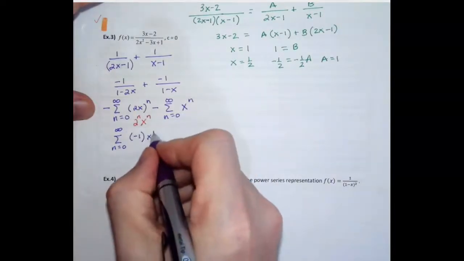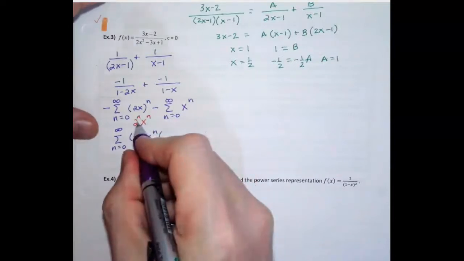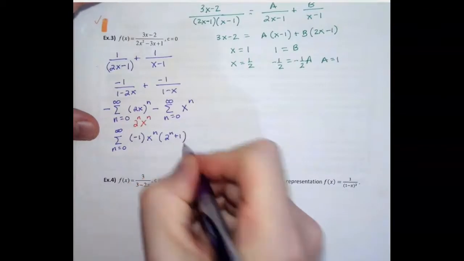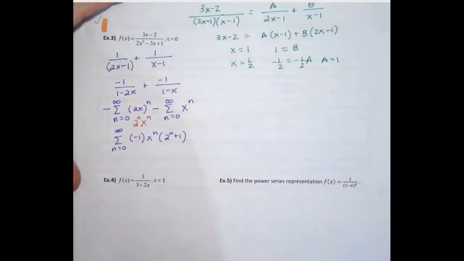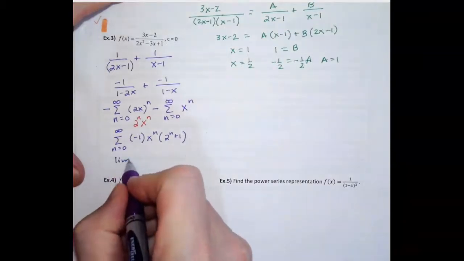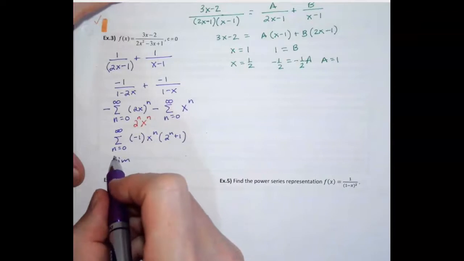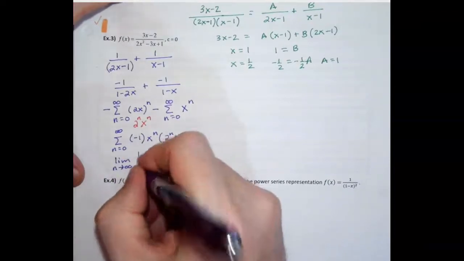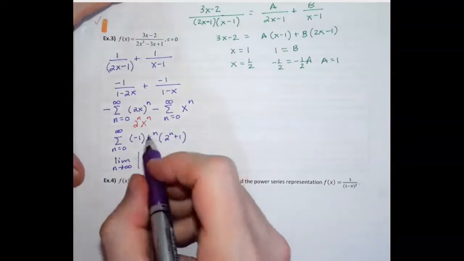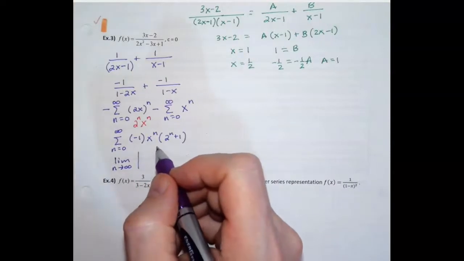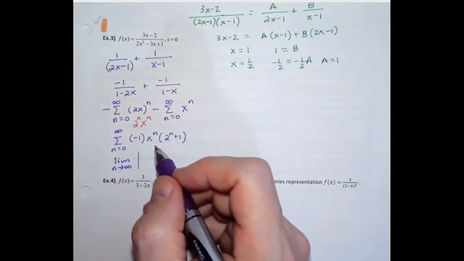So that would be x to the n, and then we would have 2 to the n plus 1 left. Okay, so now if we do the limit as n approaches infinity of the absolute value, okay, so we would have n plus 1.